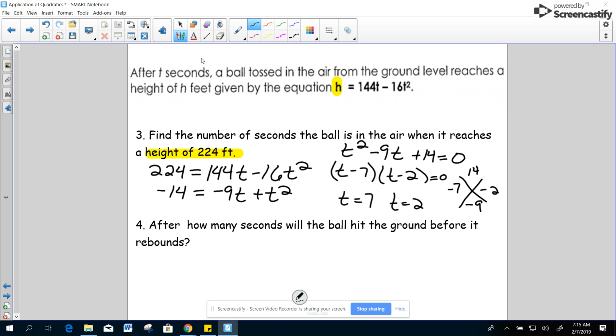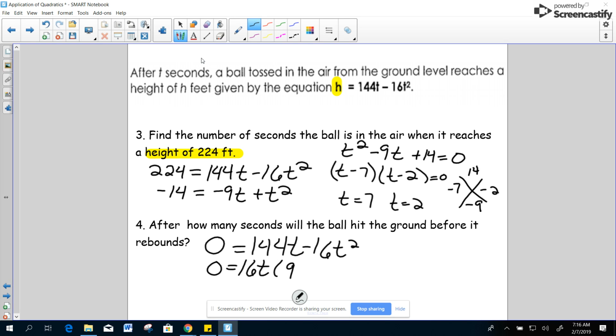For part D, or problem 4 here on the board, how many seconds will the ball be in the air before it hits the ground? Remember that height of 0 is our ground. 0 equals 144t minus 16t squared. Remember, the greatest common factor that we are looking at would be 16 and a t.